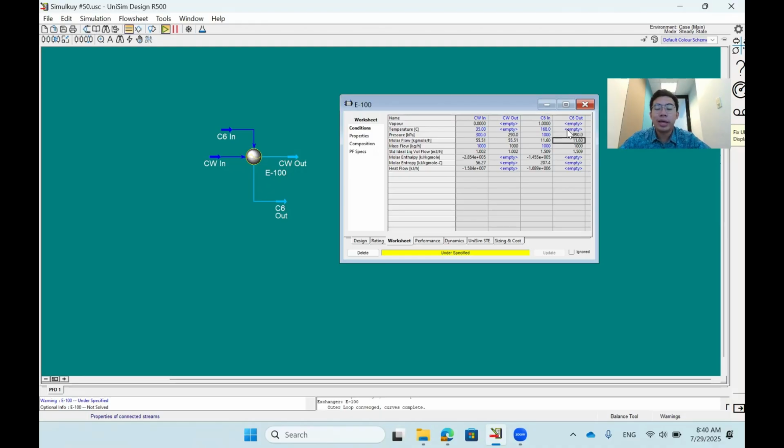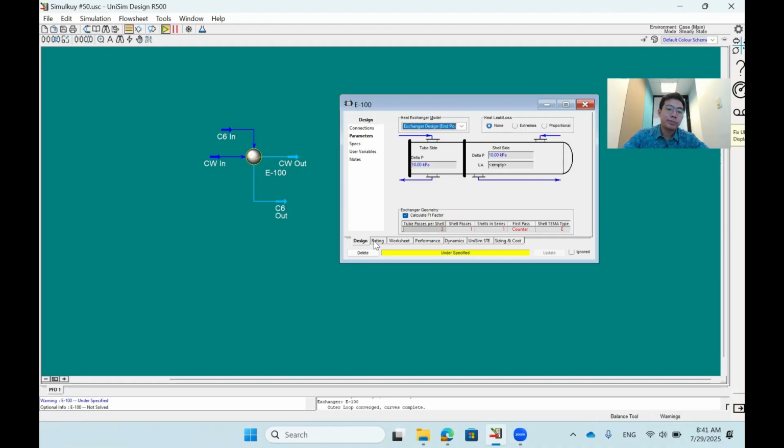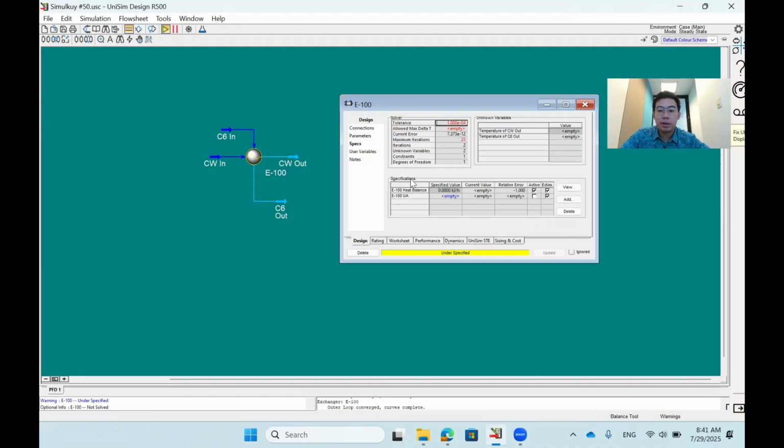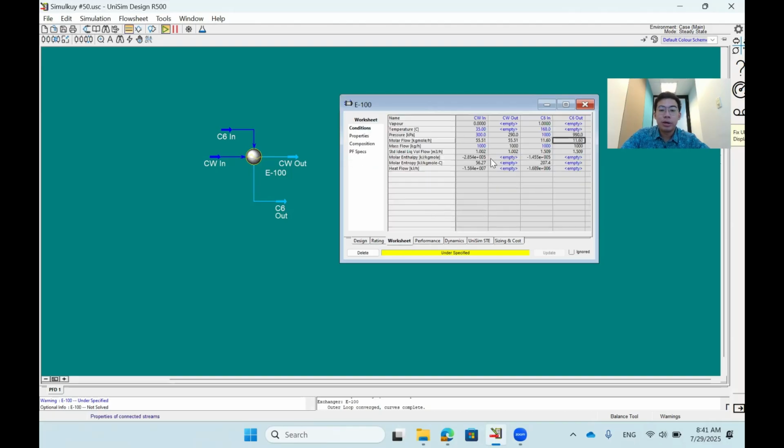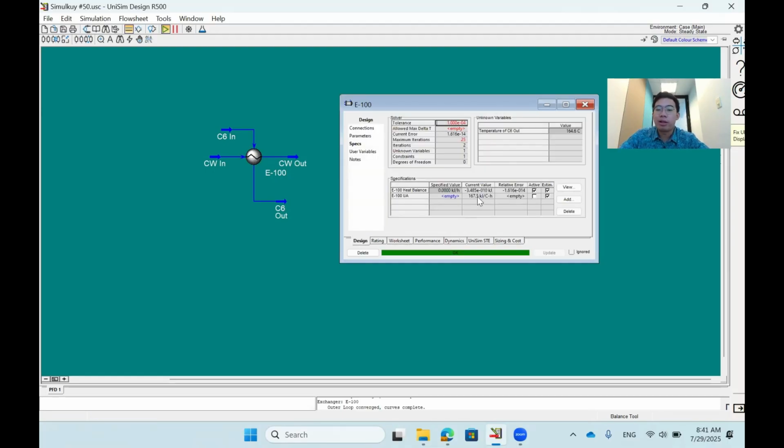Now, is there any other way? Yes. In design specs, we could see that there are several parameters. When we fully define this heat exchanger, we will calculate the UA value. The UA value is calculated here, but can we specify this UA value?